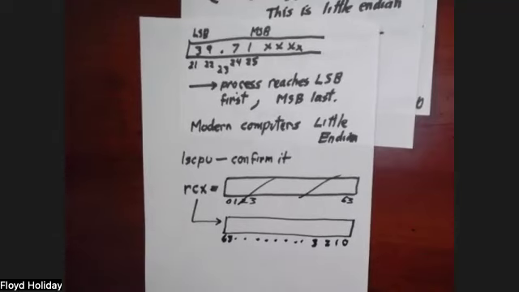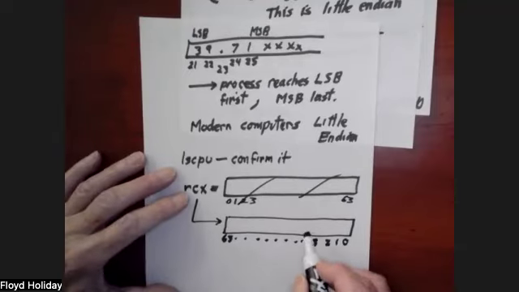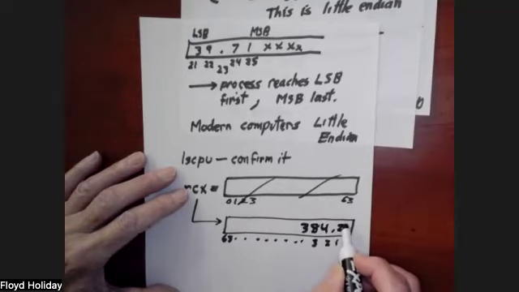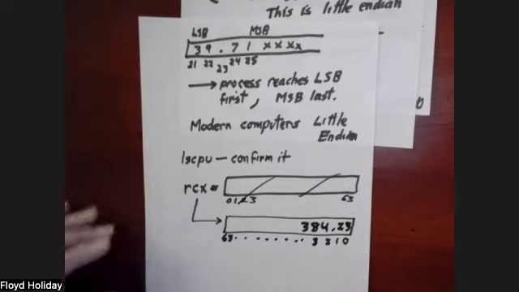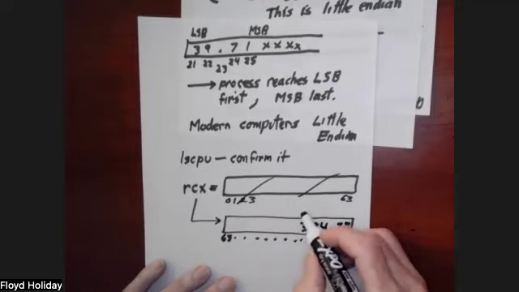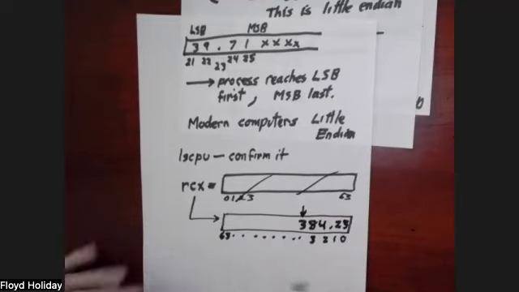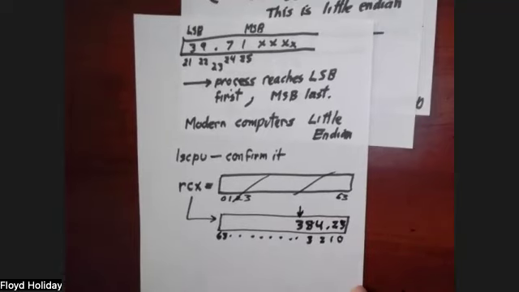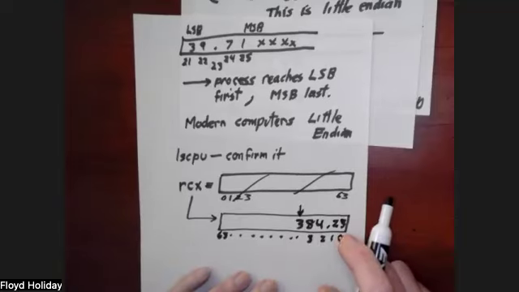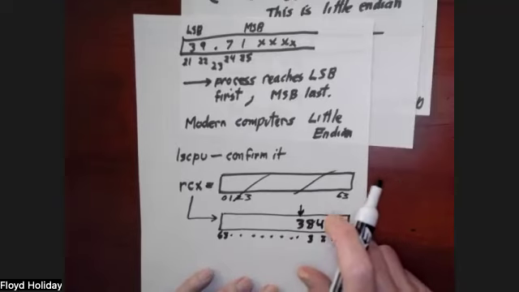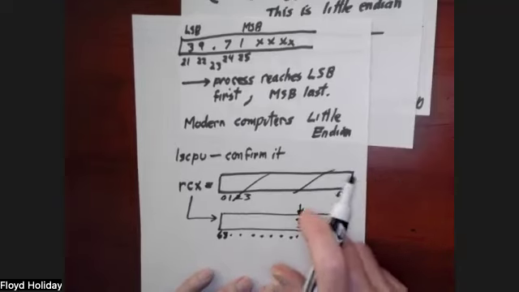And then you can take a number like 384.23 and write it in there, and it looks like to human eyes that the big, most significant digit is first, because humans' eyes go this way across the page. It looks like that, but it's not true. The machine follows the indexing, and it will go to the low index first and pick up the 3, and then the 4, and then the dot, and then the 4, and the 8, and the 3.